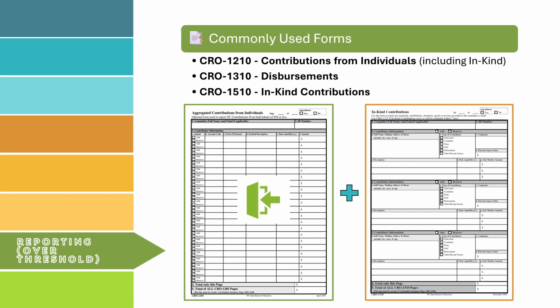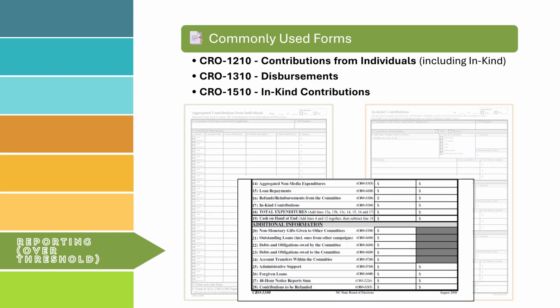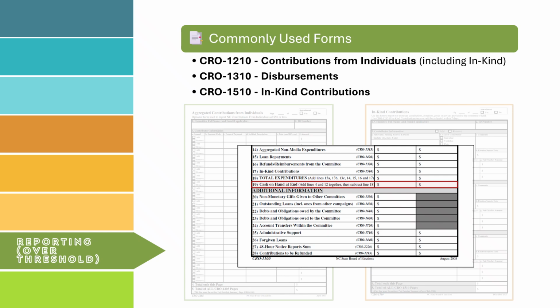This shows the money going into the committee, then going out, and not affecting the cash on hand at end balance disclosed on line 19 of your detailed summary, as your cash on hand at end balance should match your bank balance.